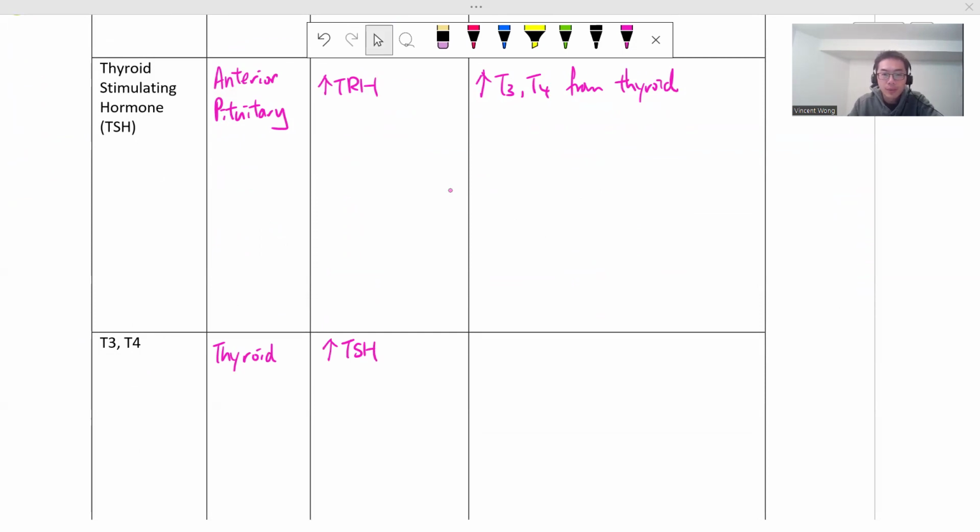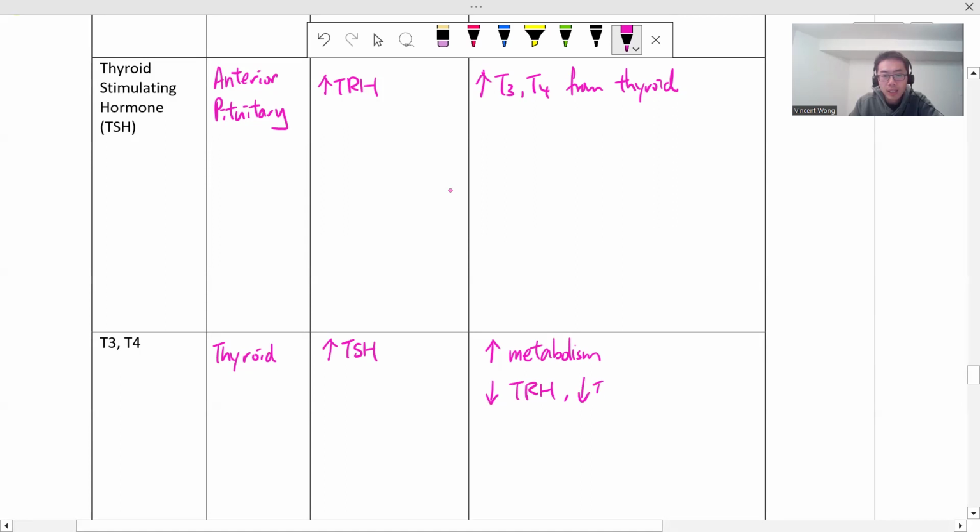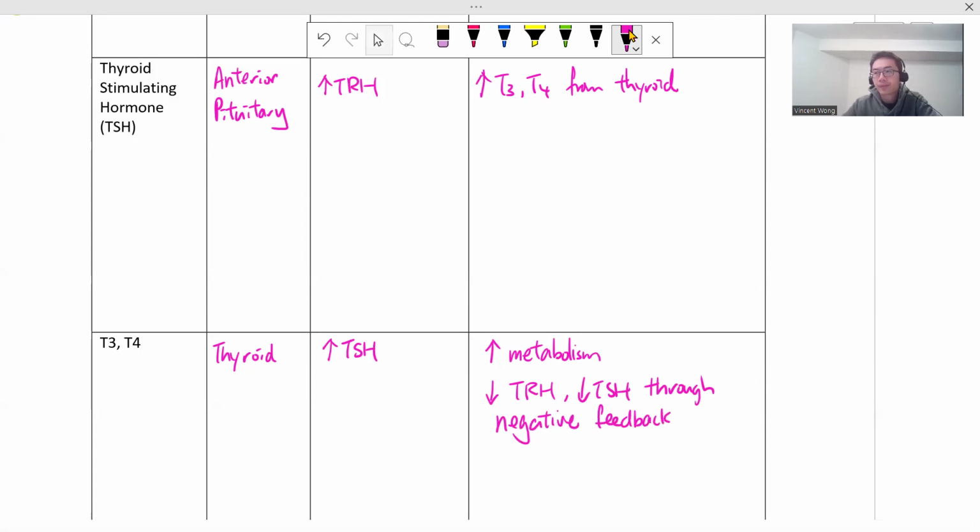So what does it do? Well, T3 and T4 increase metabolism. But more importantly, the T3, T4 will lower TRH, lower TSH through negative feedback. Okay.